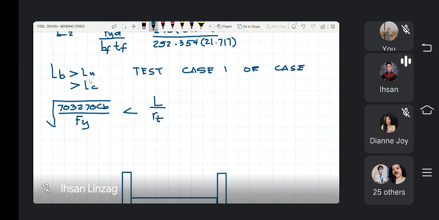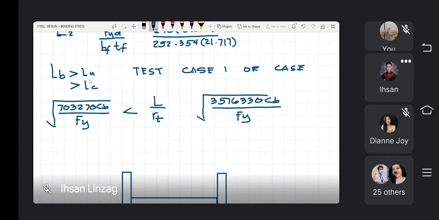The RT is the radius of gyration. The L is just the span of the beam, which is 9,000. Then square root of 3516330 times CB all over the square root of Fy.